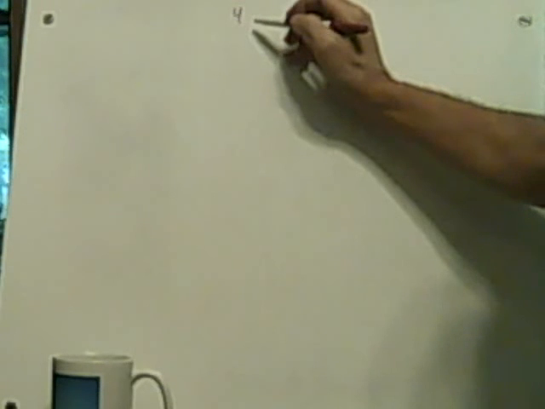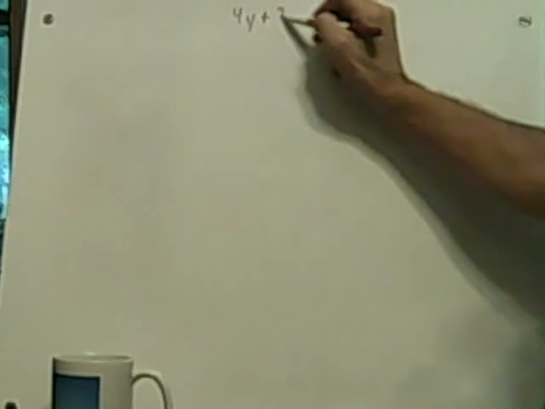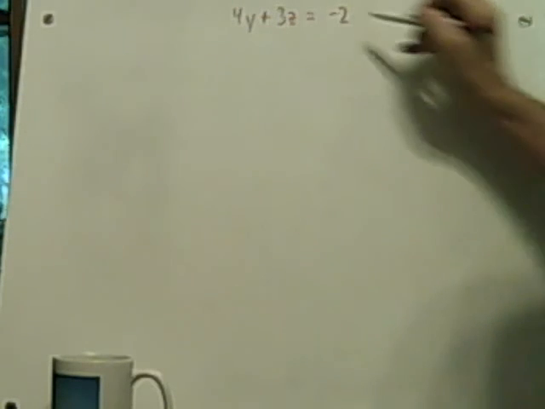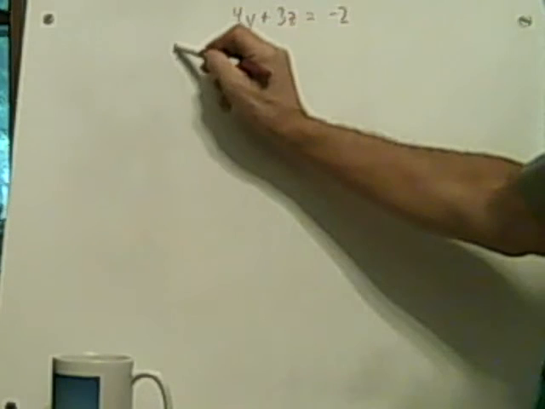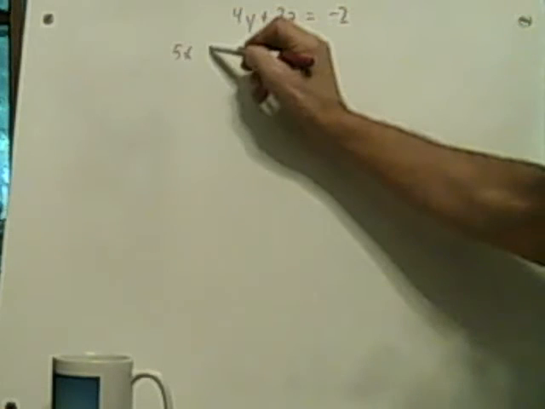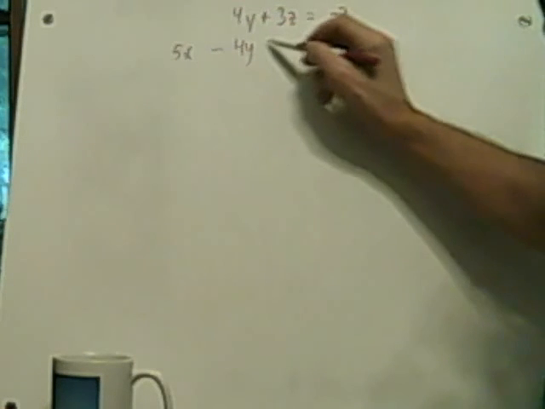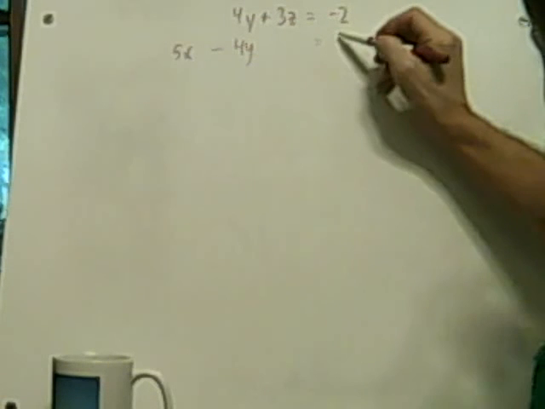Okay, 12 is the last set of equations here, and the equation is going to be 4y plus 3z is equal to negative 2, and then the second equation is 5x minus 4y equal to 1.